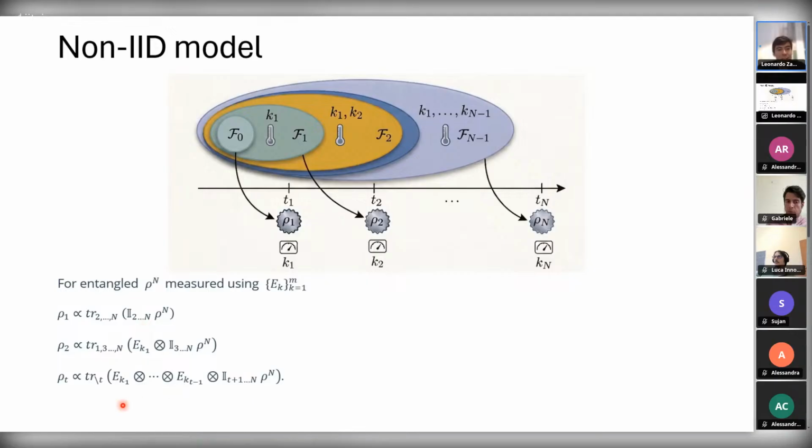And then you do the same for each one of the rounds, so each round has a quantum state that depends on the previous measurement outcomes. This is the model we use for non-IID protocols when we have entanglement, and it's something that they use in this paper too, where they do self-testing of quantum states without assuming IID.